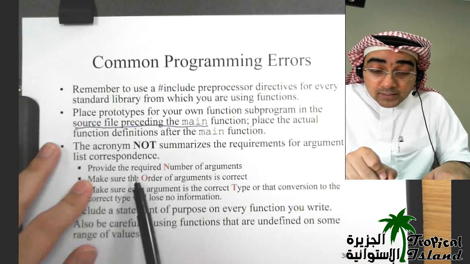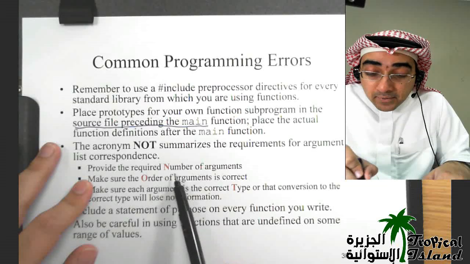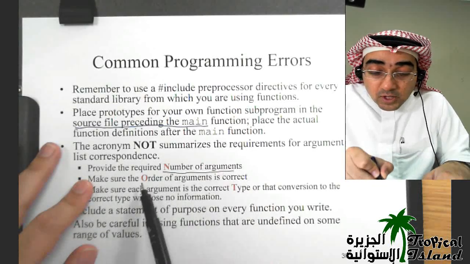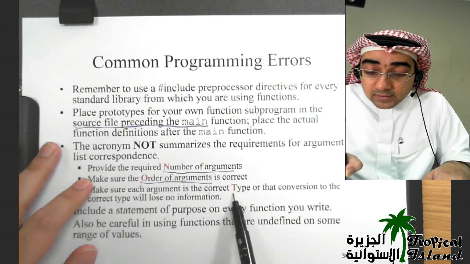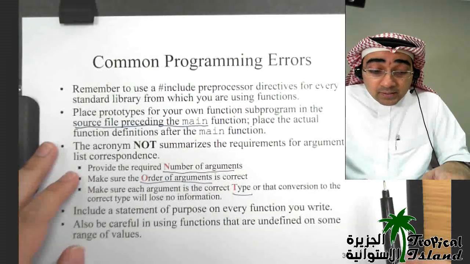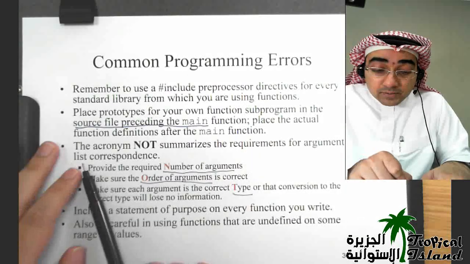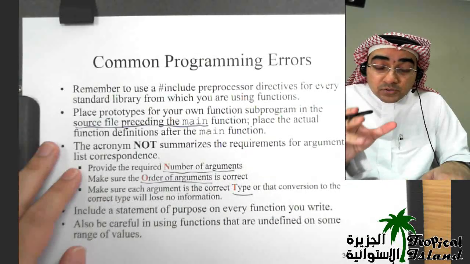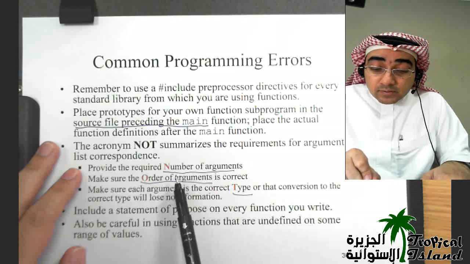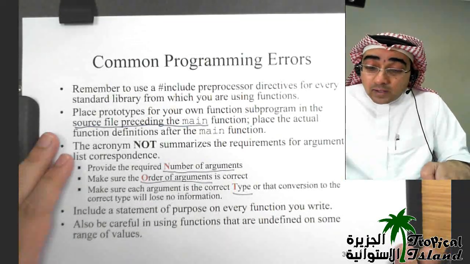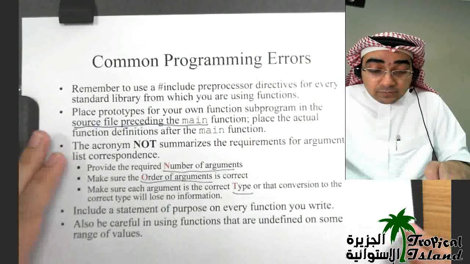Provide the required number of arguments, the order of the arguments, and the type. So the acronym NOT summarizes these requirements: for the argument list that you pass, use the number of arguments, the order of the arguments, and the type of the arguments when writing your own functions.